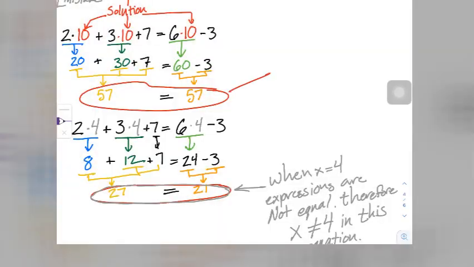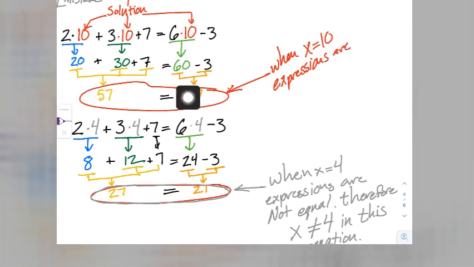But when x equals 10, the expressions are equal. This is a true statement: 57 does equal 57. Down here, 27 does not equal 21.